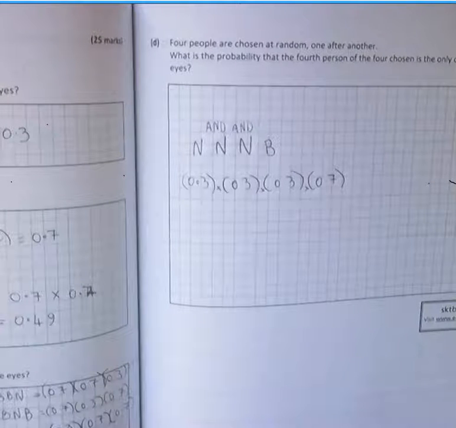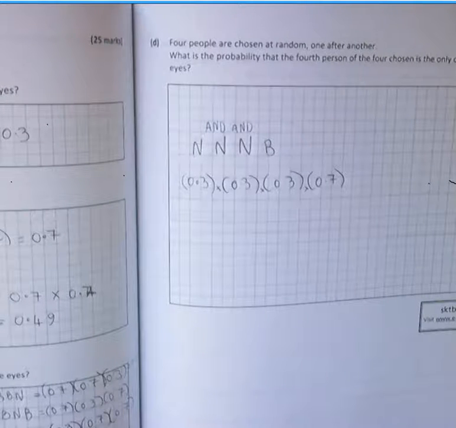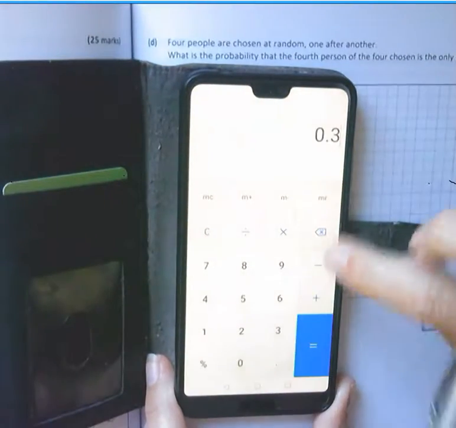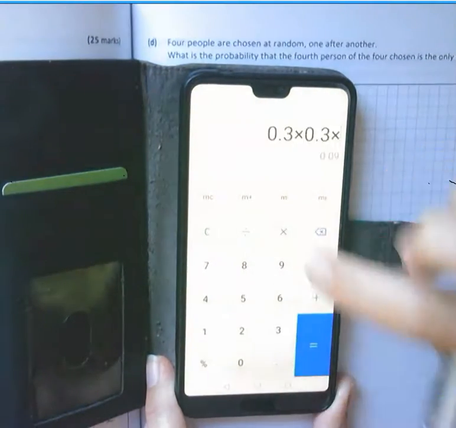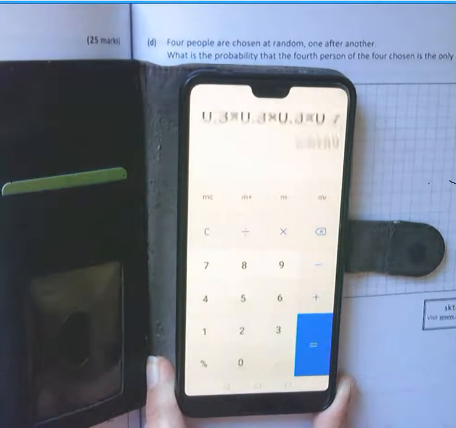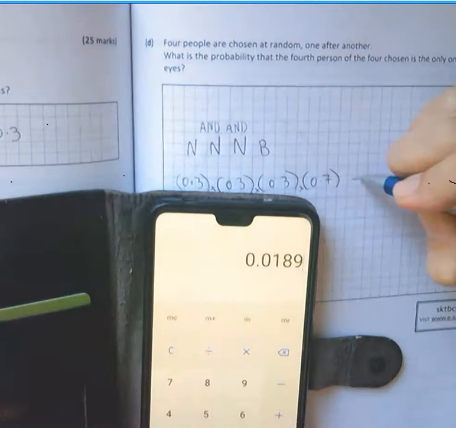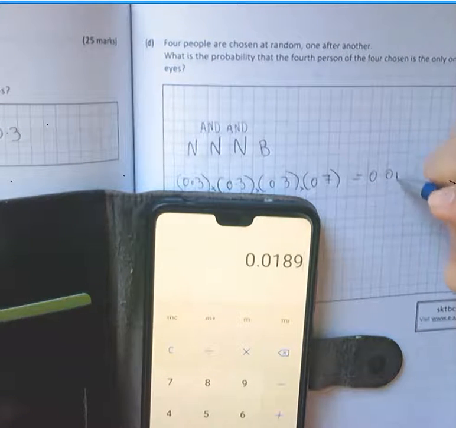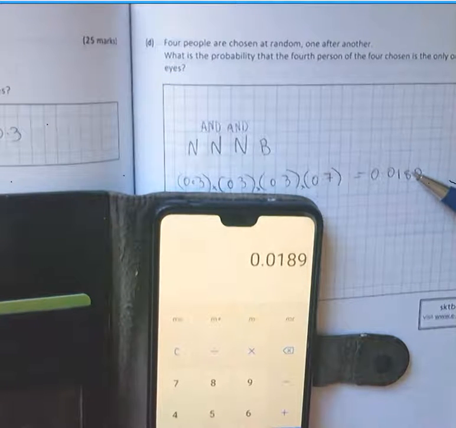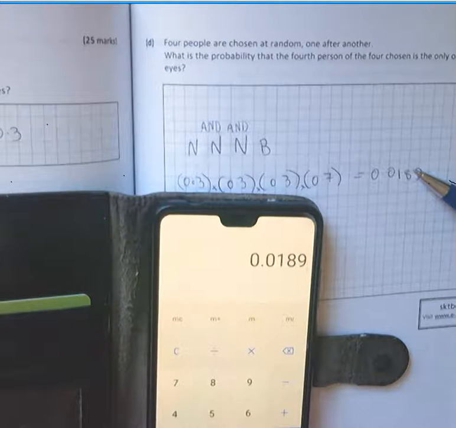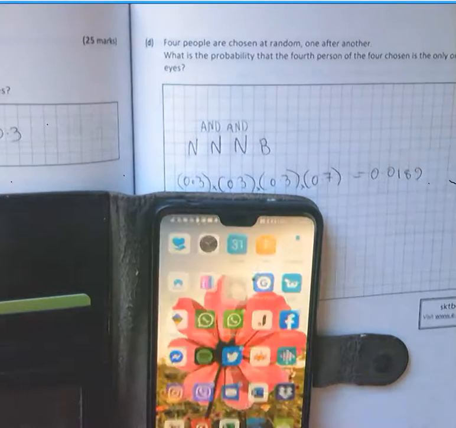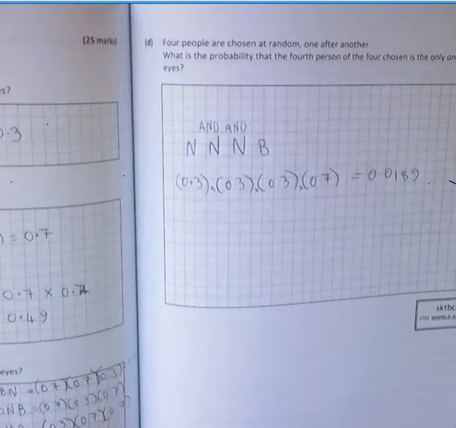Again, you go back to the calculator: 0.3 times 0.3 times 0.3 times 0.7, and you get the probability of 0.0189, which is basically telling you that it's a very rare event, especially because blue eyes is 70% of the population. So that makes sense. Okay, so that was question 1.